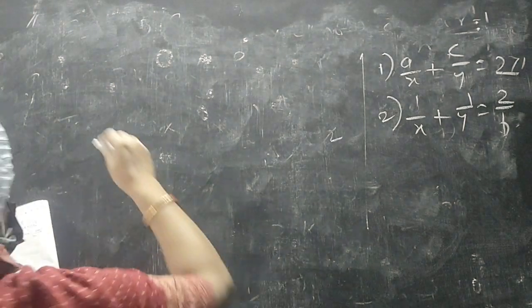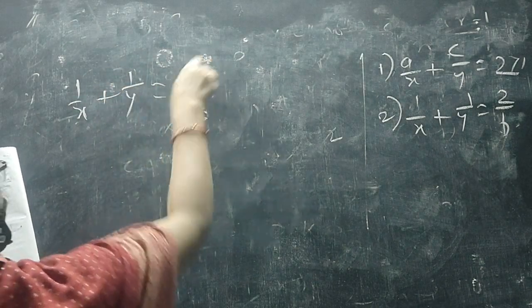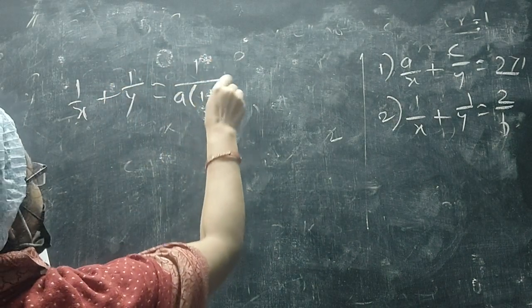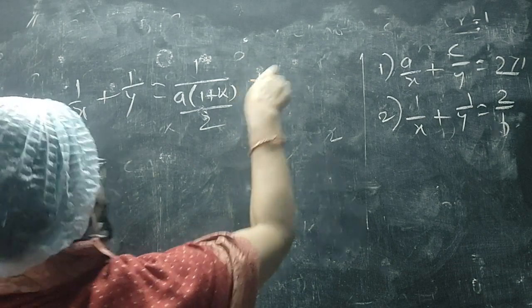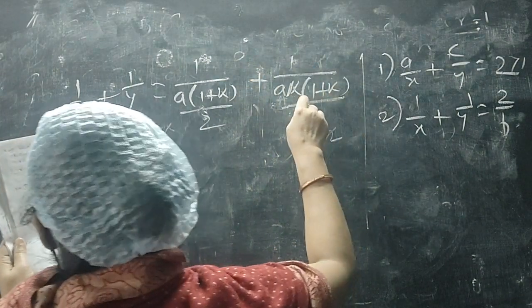And for the second one, I will write 1 by X plus 1 by Y is equal to 1 by A into 1 plus K by 2, plus 1 by AK into 1 plus K by 2.